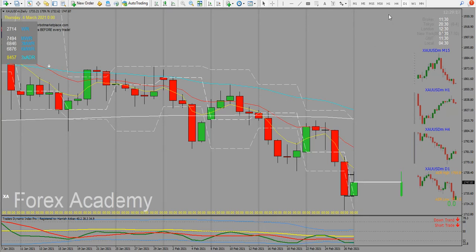So if you had to take a trade today, you will first identify Friday's candle and its high. Here's our high of Friday, and then we will also identify the low of Friday.